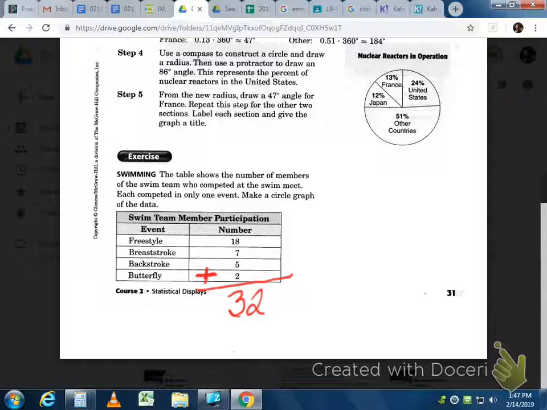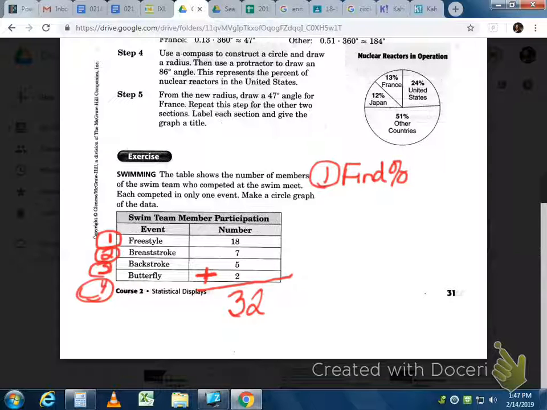Okay, now Team 1, I'll tell you in a minute who's on Team 1, you're going to come up with the percentage and the angle degree for freestyle. Team 2, same thing, percentage and angle degree for breaststroke. Team 3 for backstroke. And Team 4 for butterfly. So what your jobs are is first to find the percent.